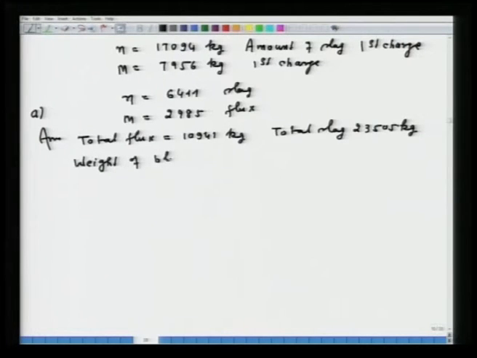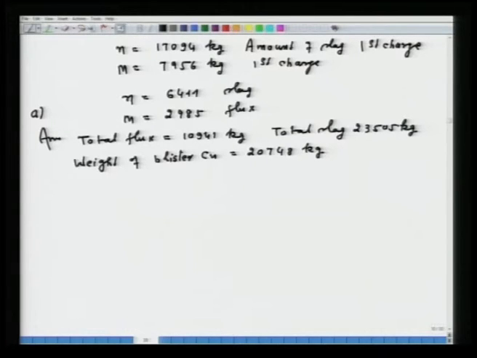So, weight of blister copper can be easily found by doing copper balance, and this is equal to 20,740 kg. Now, the problem further wants to know air for the entire operation, that means slagging period and blister copper formation period.